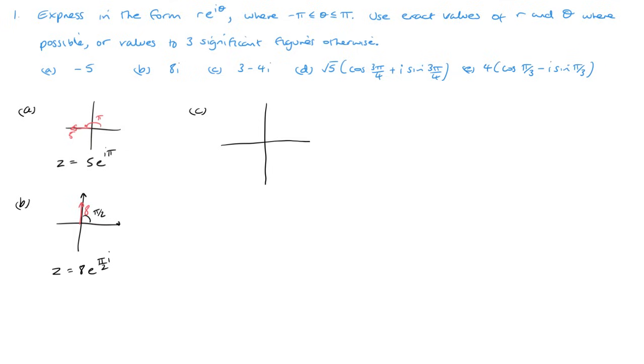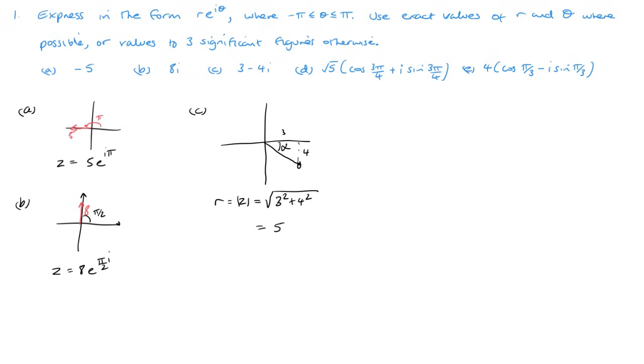Okay, let's move on to C. So 3 minus 4i will be down here somewhere. So 3 across, 4 down. I'll work out that alpha as well. So let's work out r first. It's mod z, which is the square root of 3 squared plus 4 squared.